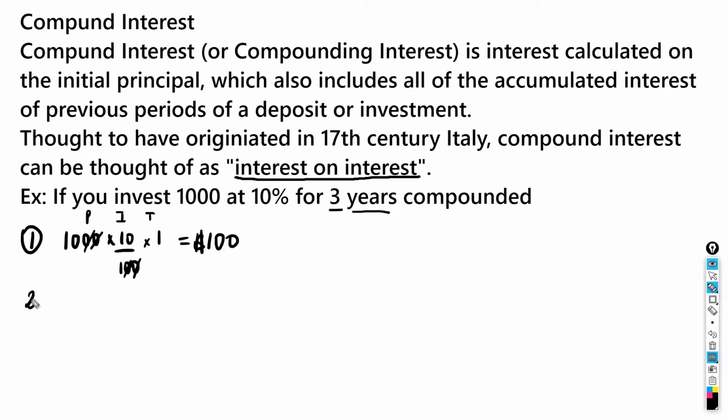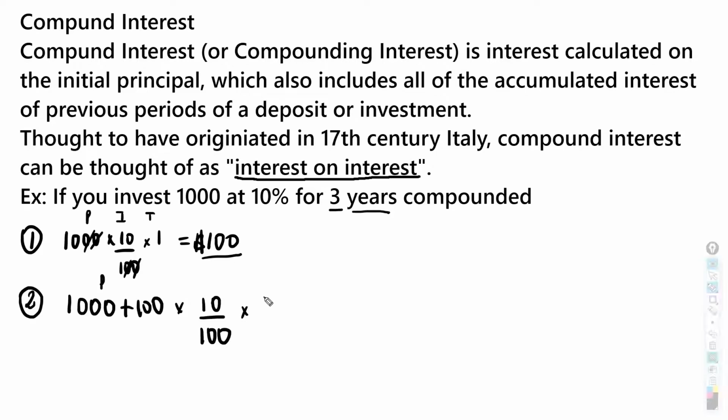But now when you calculate the second year, you have to take this $100 into consideration because you gained that interest. So you add this $100 to the $1,000. For the second year, it's $1,000 plus the $100 that you gained in interest, which is the principal, multiplied by the interest, which is 10%, multiplied by the time, which is 1, same PIT.